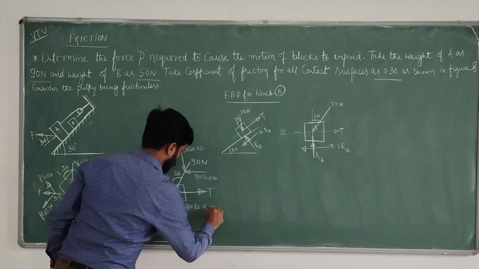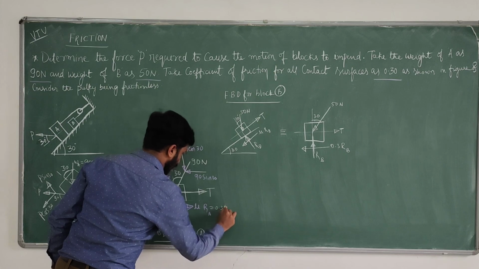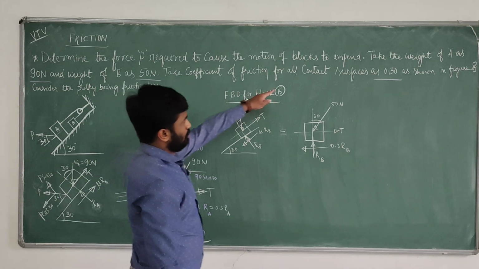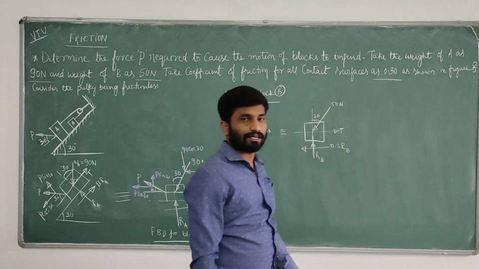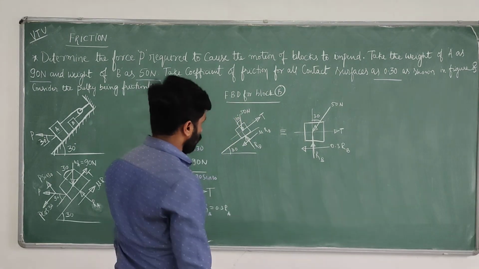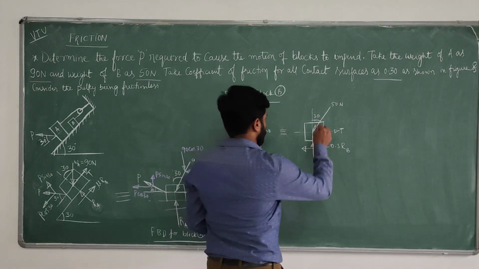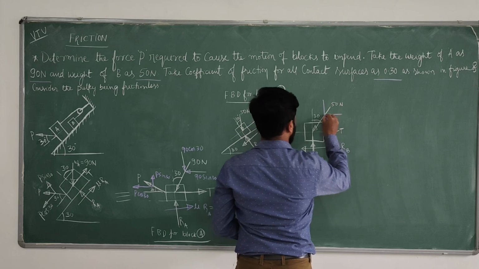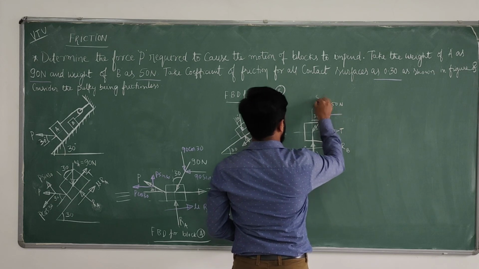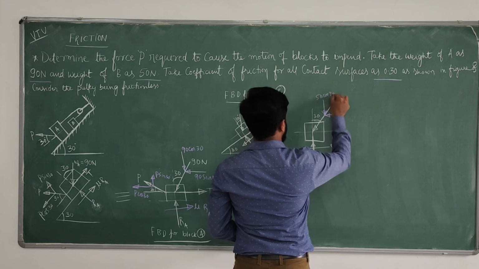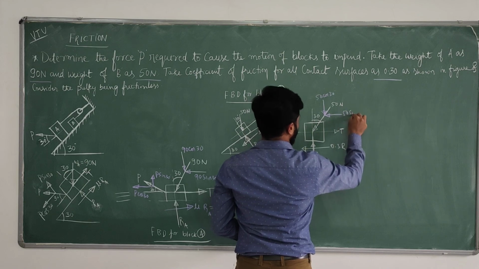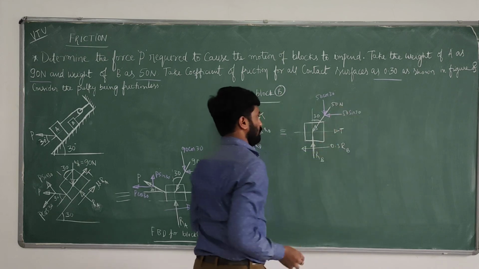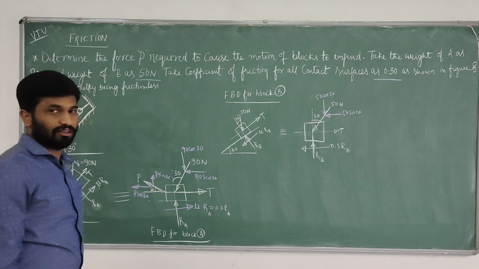This is also equal to 0.3 into Ra, because the mu value is 0.3 for all contact surfaces. You resolve this inclined force, and you get 50 cos 30 and 50 sin 30.